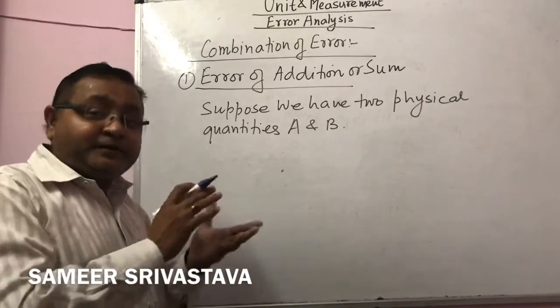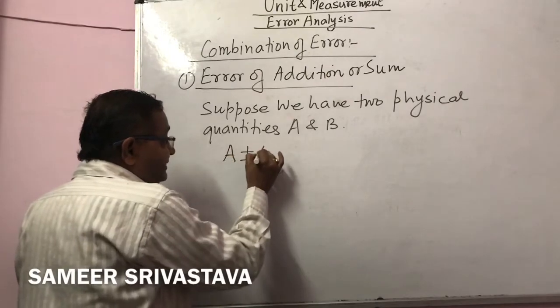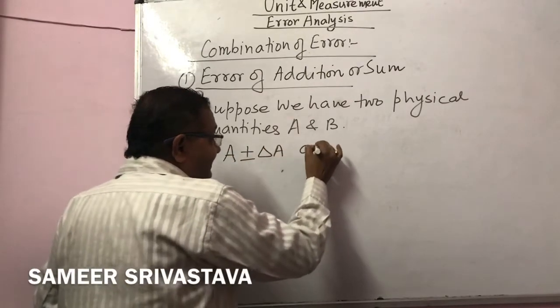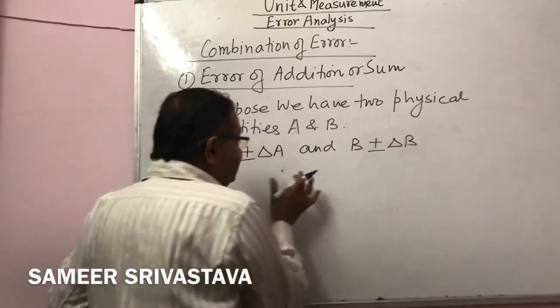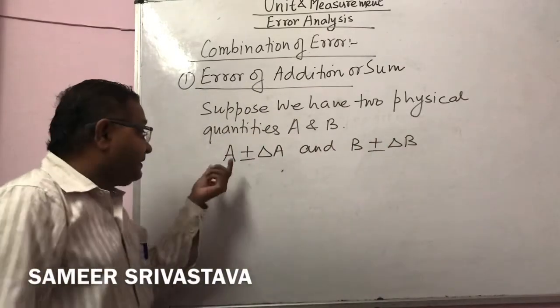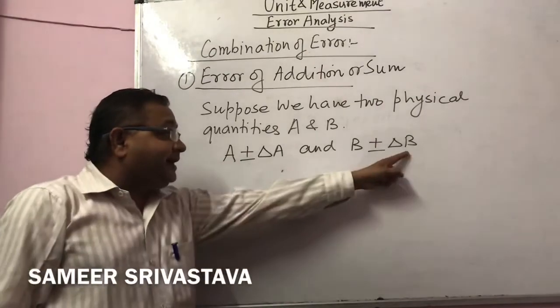These physical quantities, if we want to express in terms of error, we can express as A plus minus delta A and B plus minus delta B. This is its expression form, in which the mean value as well as the error value are mentioned.